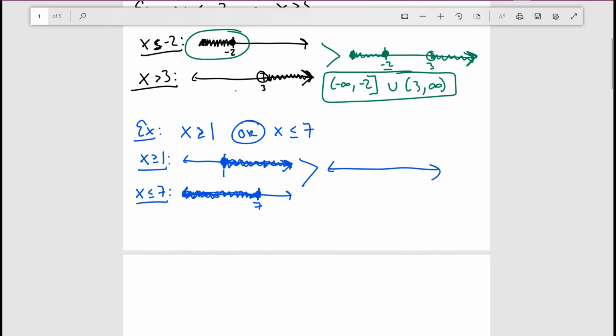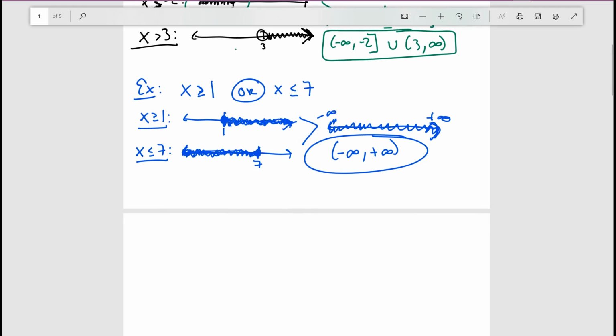So what I end up shading is every single part from negative infinity to positive infinity. So this one's actually all real numbers, because remember, we want to have everything together, not in common.